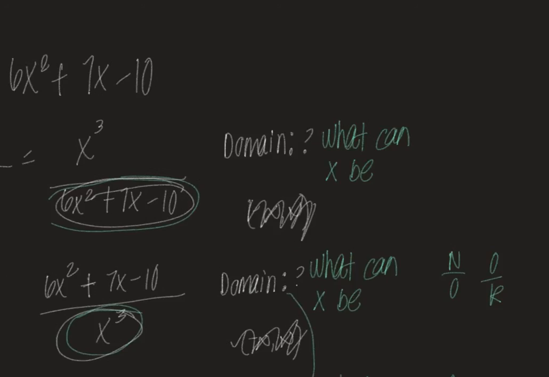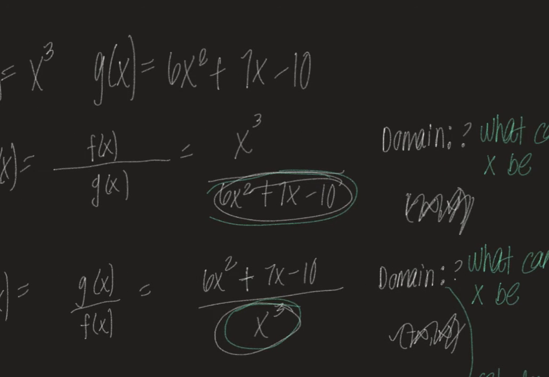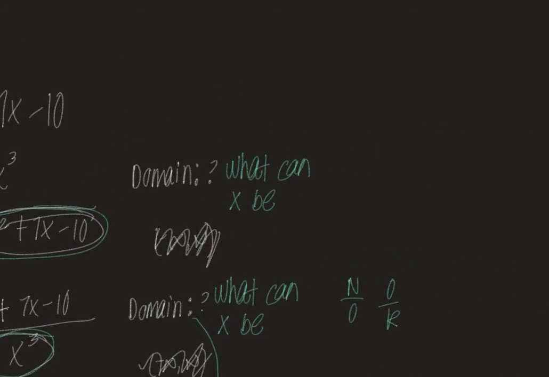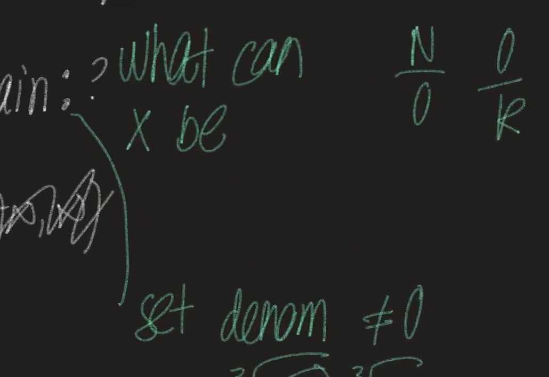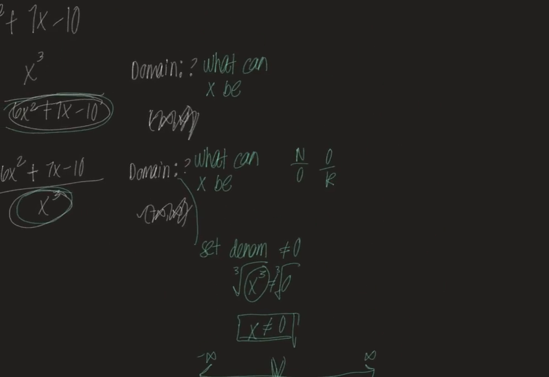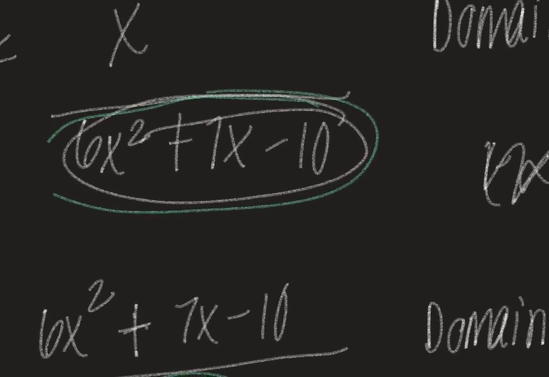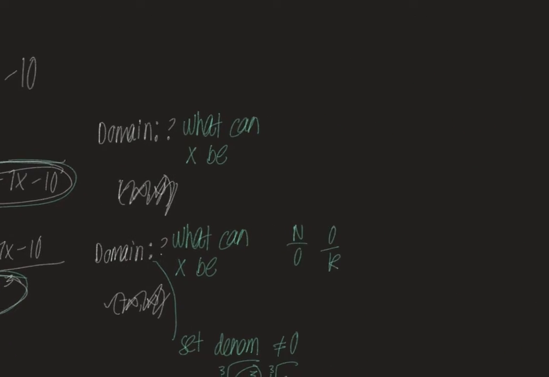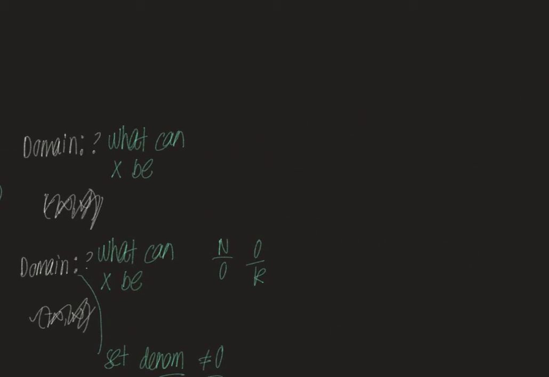Okay, but the, I guess, more complicated one is the f divided by g, because again, remember our rule, set the denominator not equal to 0. Well, this denominator is going to be a little bit harder or more difficult to solve. So 6x squared plus 7x minus 10. This is a quadratic.